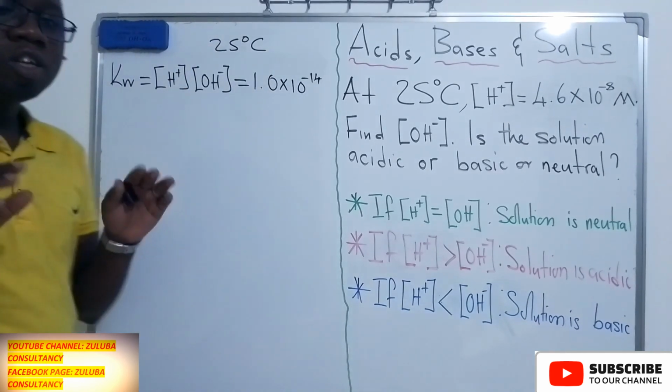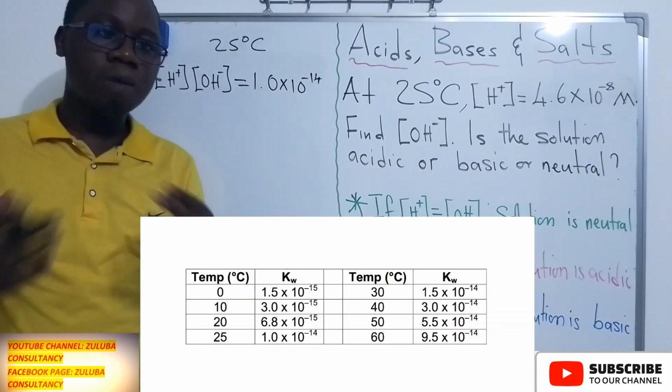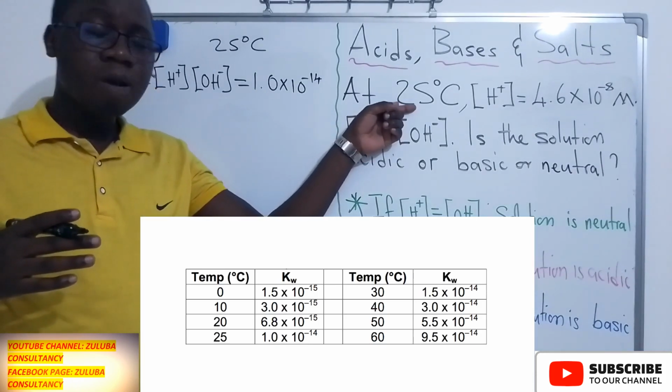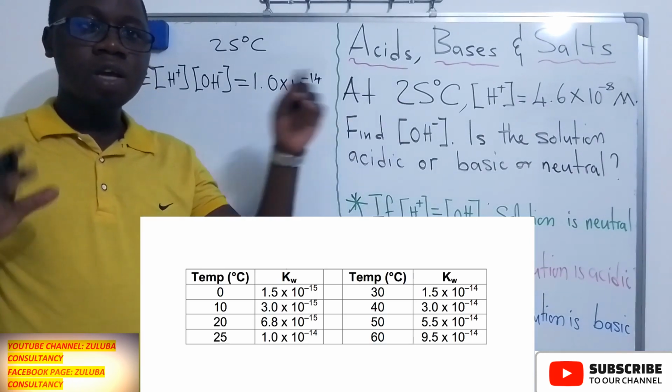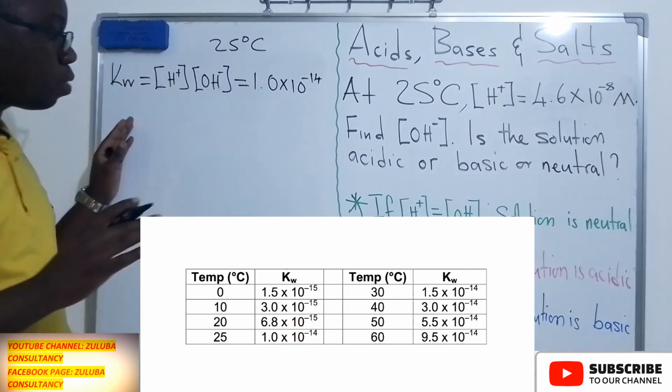This value is only when the reaction is taking place at 25 degrees Celsius. We have different values of Kw at different temperatures, so you need to pay attention to the temperature in the question. Depending on the temperature, you'll be given the value of Kw.